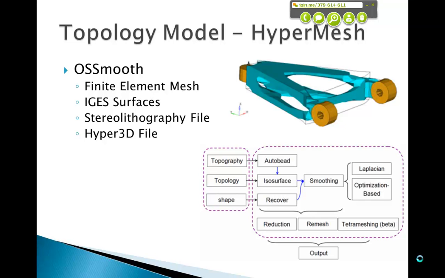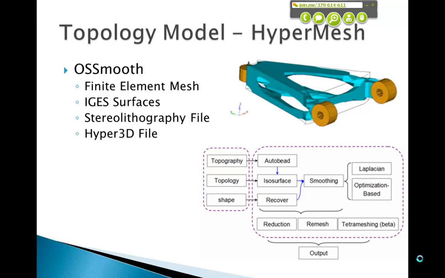And the output file can either be a finite element mesh, and so you can take that finite element mesh and take it off to a traditional finite element program like ANSYS or Nastran, and you can then resolve that resulting mesh directly in a finite element solver, which is not what we're going to be doing.